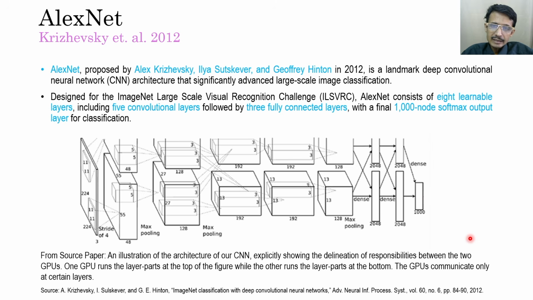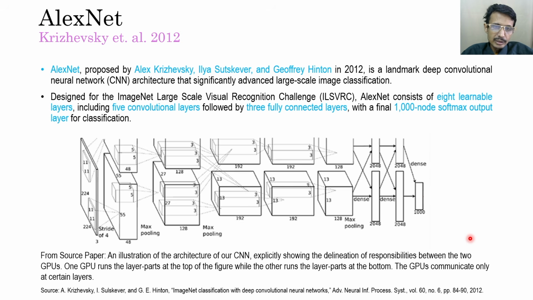So in that time, due to hardware resource limits, this architecture was trained on 2 GPUs. Now this illustration of the architecture explicitly shows the delineation of responsibilities between the 2 GPUs. That means the total architecture is so huge.